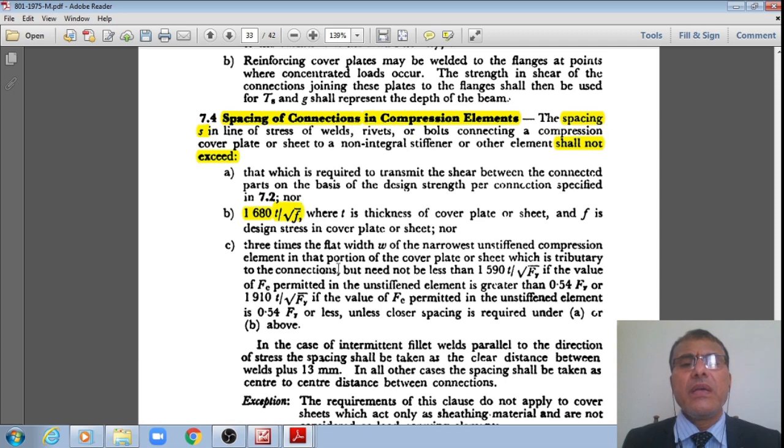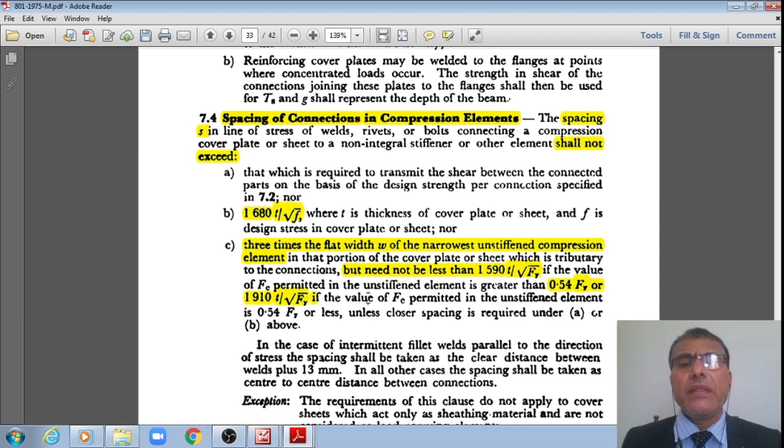Then or 3 times the flat width W of the narrowest unstiffened compression element. However, that value but not less than 1590 T divided by square root of Fy, if the value of Fc permitted in the unstiffened element is greater than 0.54 Fy, or 1910 T divided by square root of Fy.